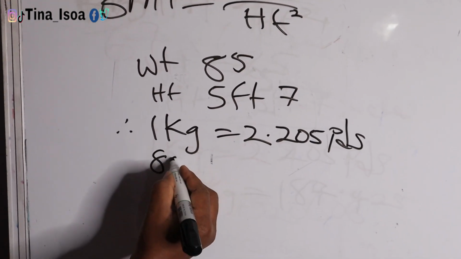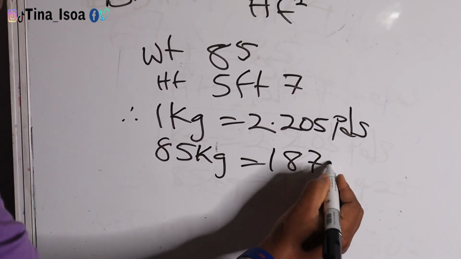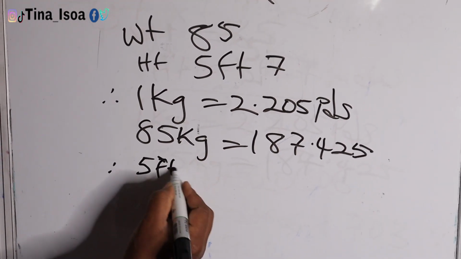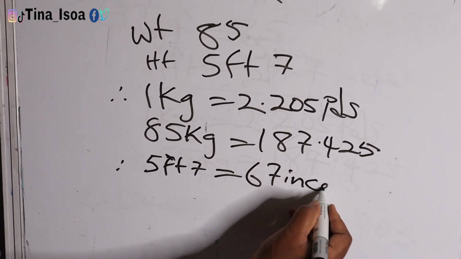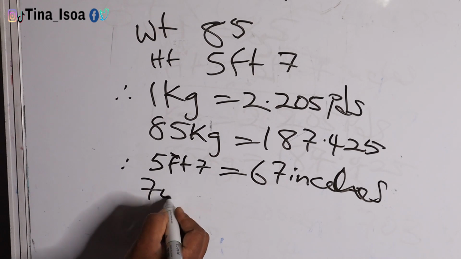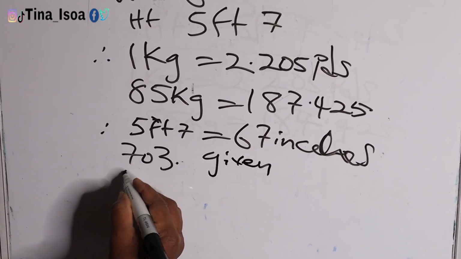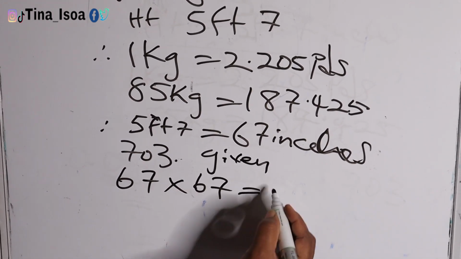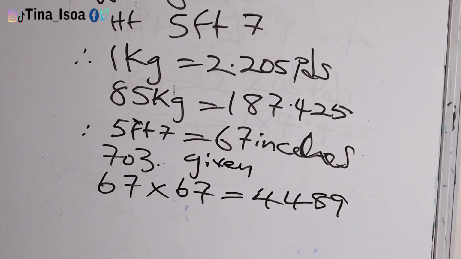Therefore, 85 kg is equal to 187.425 pounds. We have to convert my height to inches: 5 feet 7 inches is equal to 67 inches. Because the formula uses height squared, 67 multiplied by 67 gives us 4489.